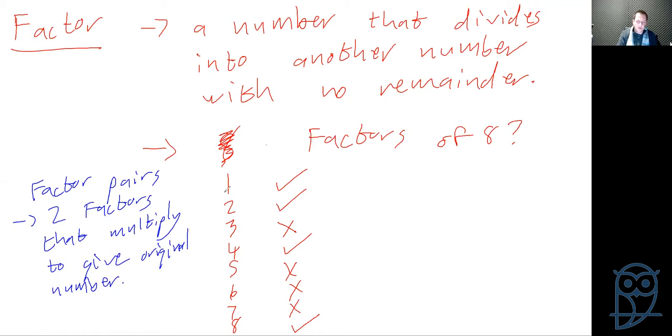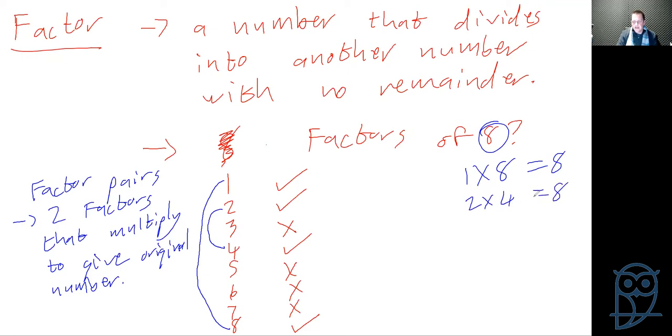So for example, 1 and 8 are factor pairs, meaning that 1 times 8 gives me 8. Also, 2 times 4 would give me 8, and therefore 2 and 4 are factor pairs.